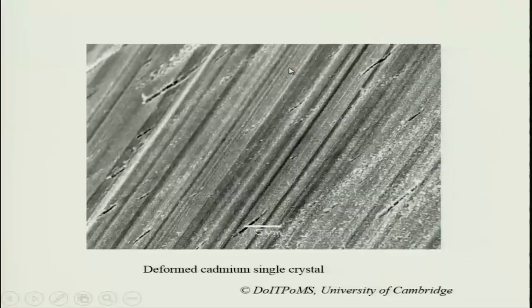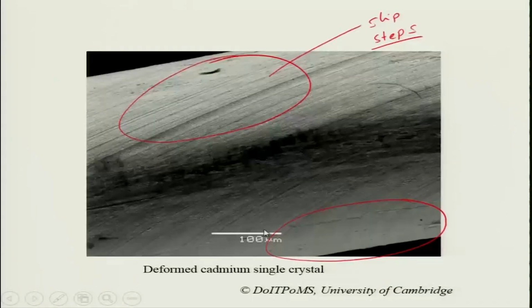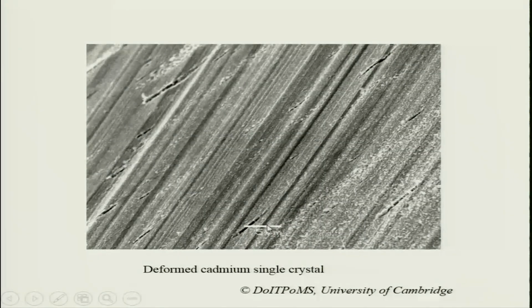At higher magnification, reducing the scale bar from 100 micron to 5 micron, you can see the microscopic steps formed on the surface of the sample. Microscopically speaking, this is what the slip phenomenon is.